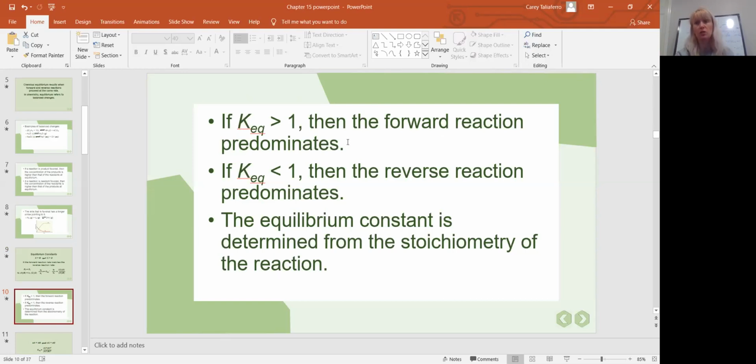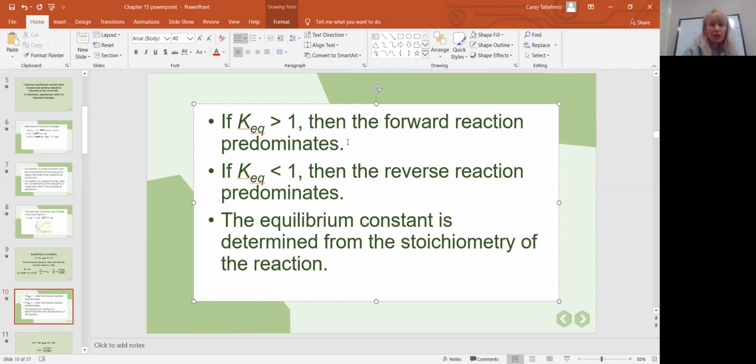So the forward reaction, what we think of as the normal reaction, is the predominant reaction. If the Keq is less than 1, meaning that at equilibrium you actually still have a higher concentration of your reactants, then the reverse reaction is favored. And we use the stoichiometry, meaning the balanced chemical equation, to determine the equilibrium constant.